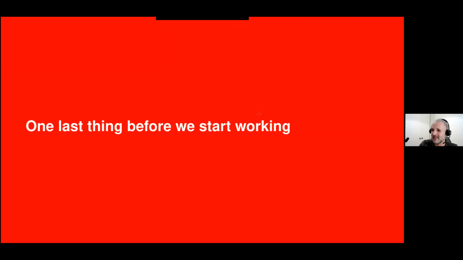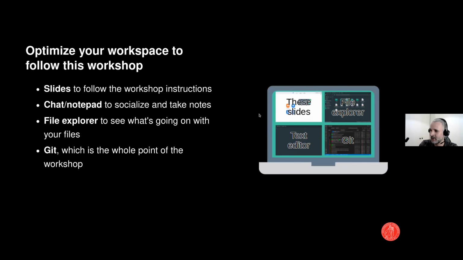And one last thing before we start working, I would like to propose you organize your workspace if you have the real estate for it, if your screen is not super tiny, and you want to follow along by using Git yourself. You can put these slides on one quadrant, then maybe the Zoom chat or some text editor, some notes at the bottom.